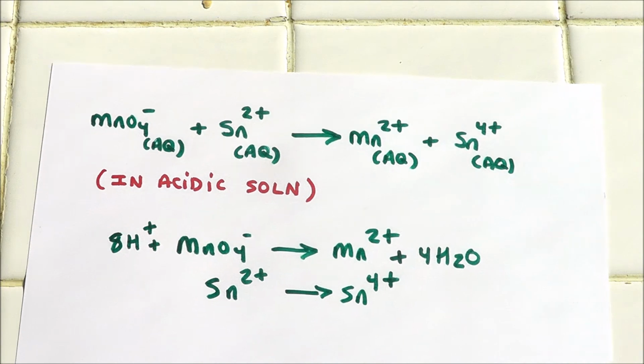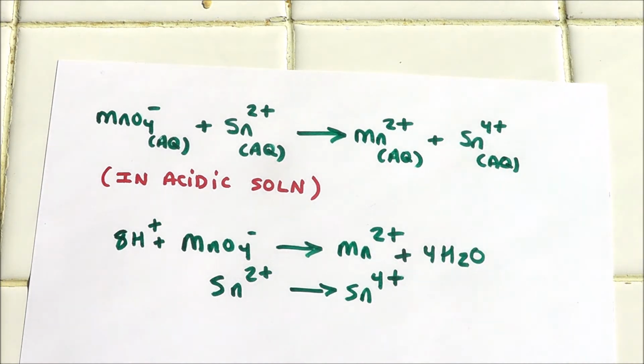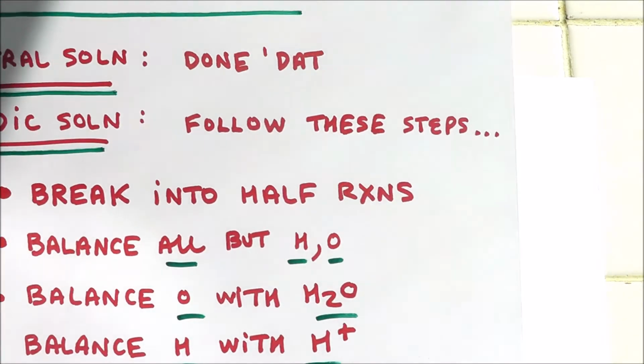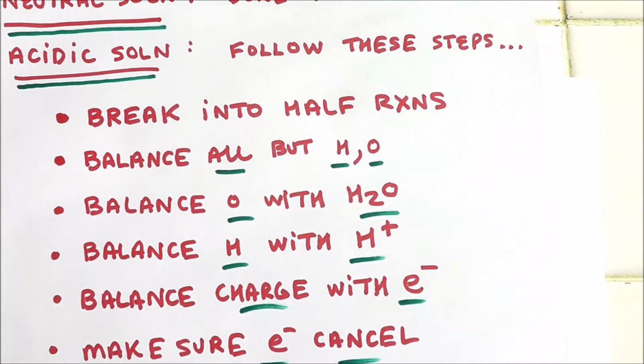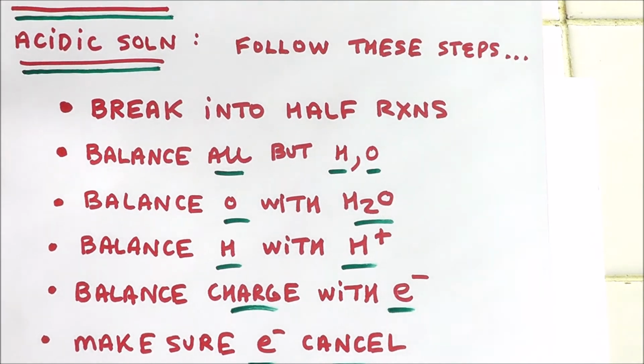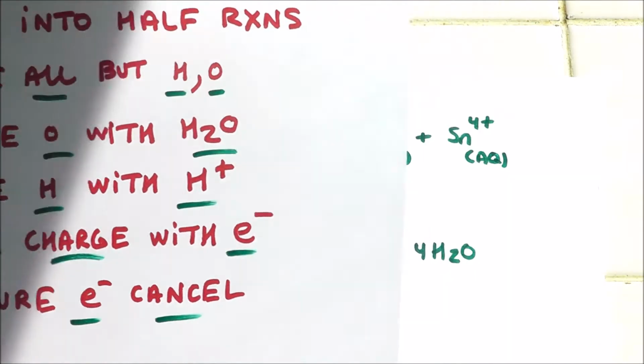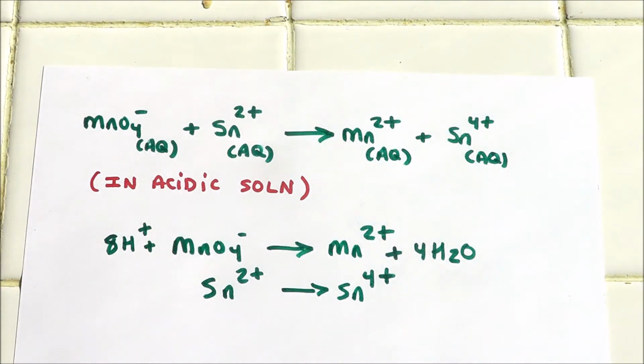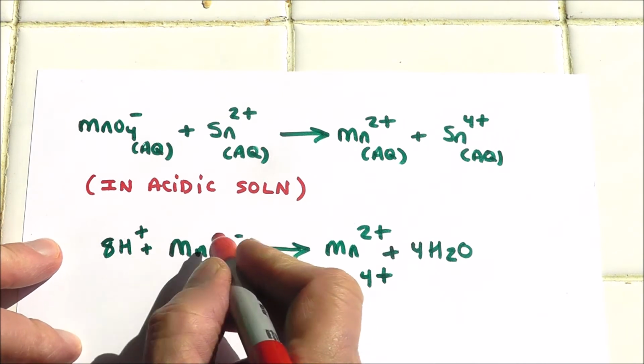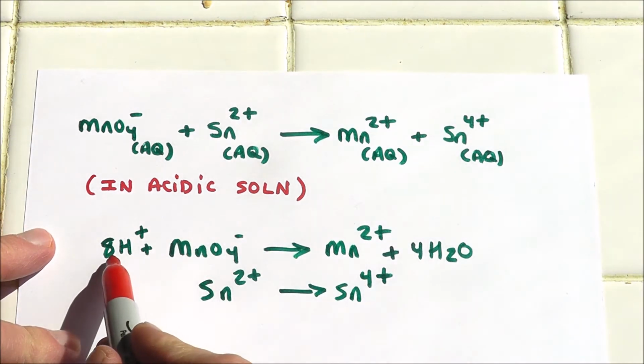The next part is probably the hardest for most of you. We're going to balance charge with electrons. Now, it's okay to get confused when the charge is in multiple places, and sometimes you might want to write a little cheat note. You got 8 H pluses and MnO4 minus, so remember, that 8 multiplies through.